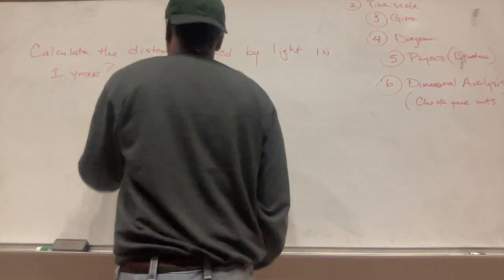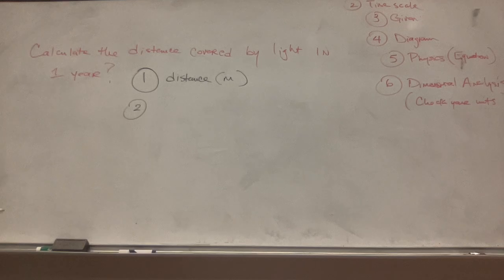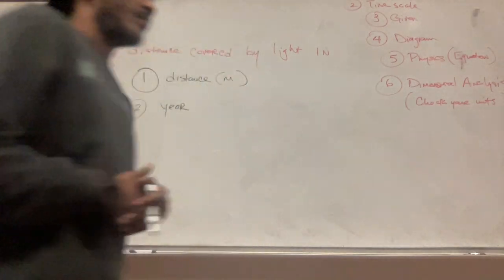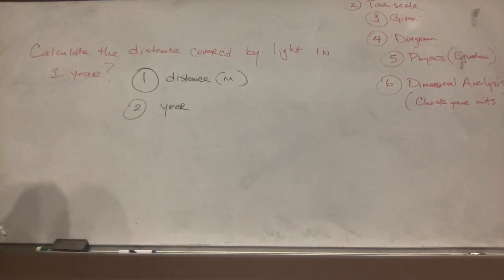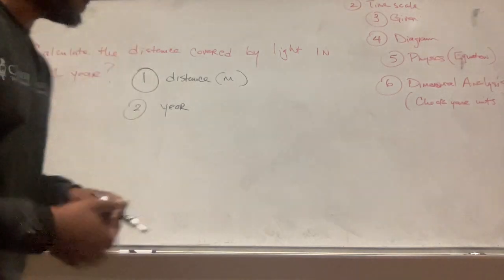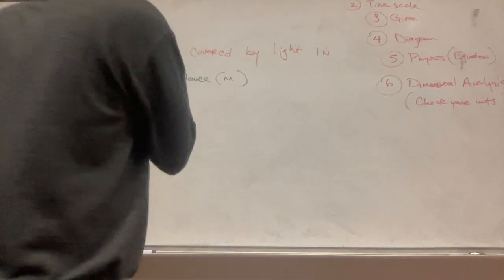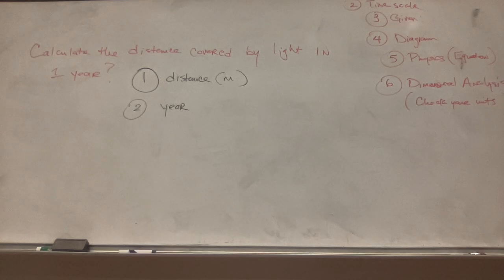Second step. What's the time scale here? 1 year. We got years, right? And just to move things forward, in order to calculate the distance covered by light in 1 year, what must we know? We must know the speed.